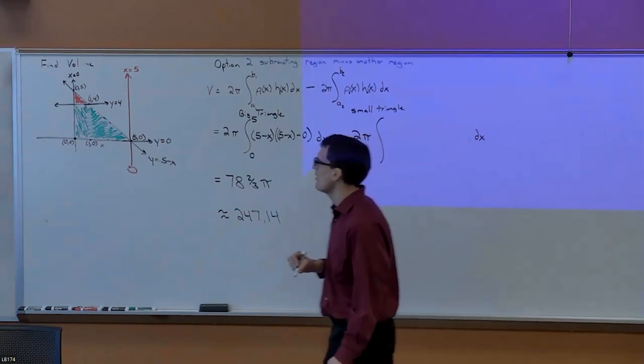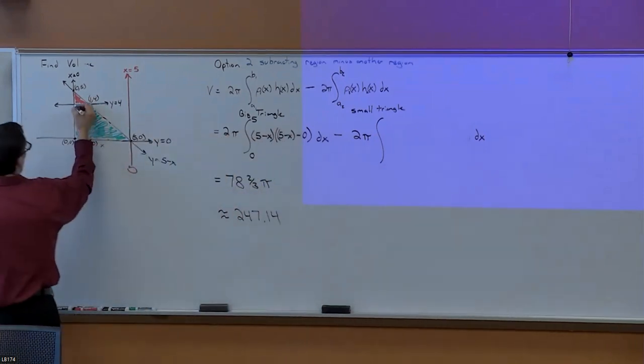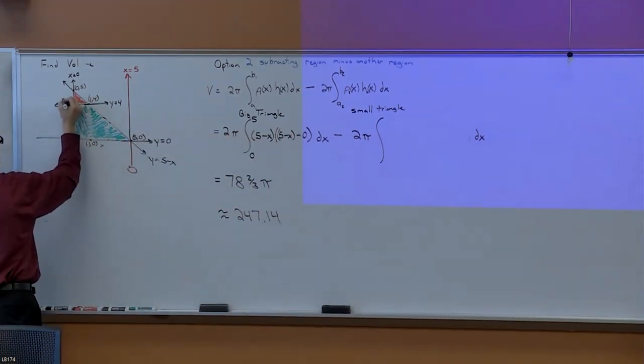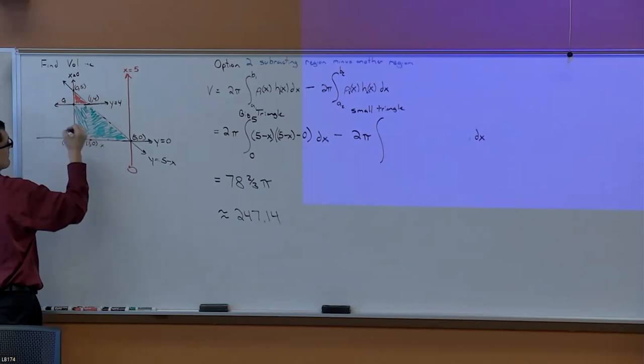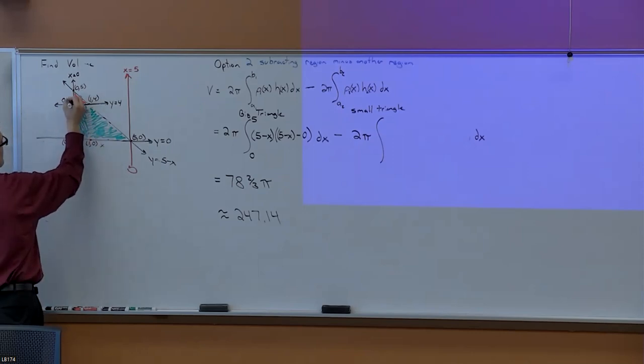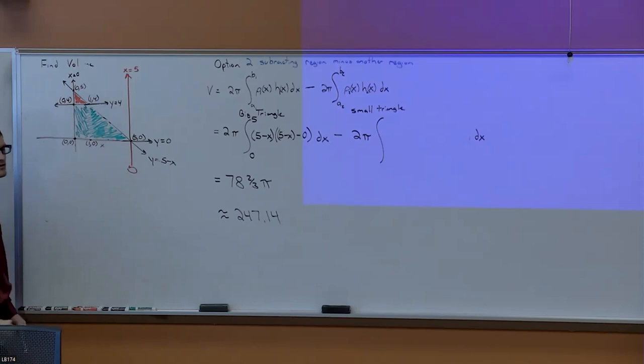And then the small triangle. I keep saying rectangle for some reason. Sorry. Small triangle is this little red one.